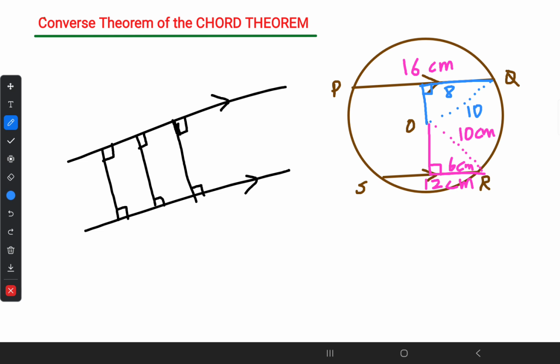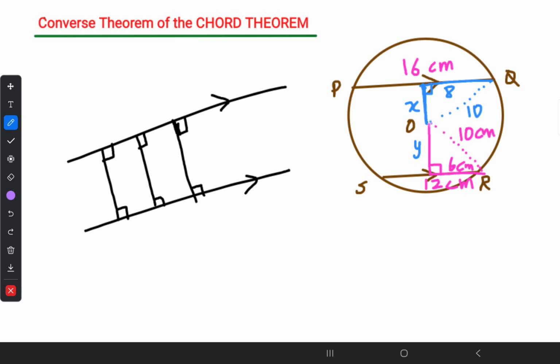By using this, you can find this height also. This small length, the blue color length, I will mark it as simply x. This is simply y. You can use the Pythagorean relationship to find x and y separately. When we add x plus y, that is the perpendicular distance between these two parallel chords.